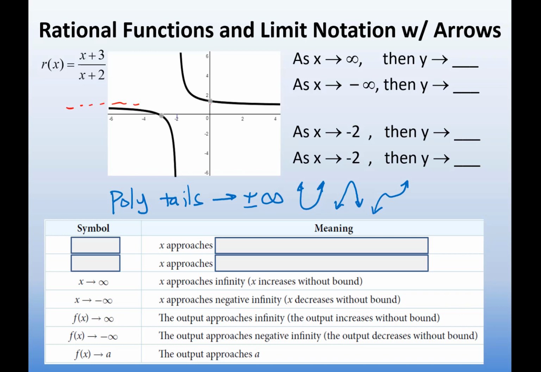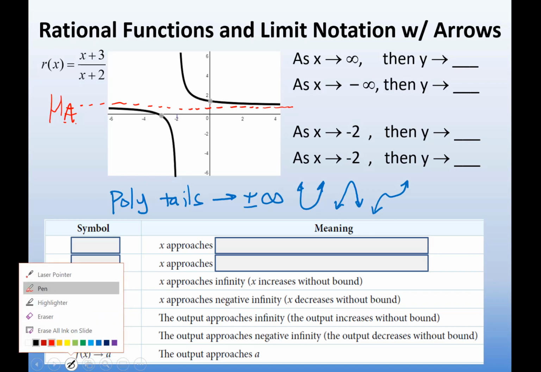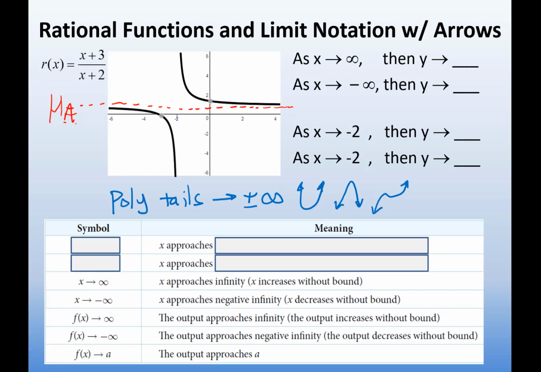And I want to explore this behavior here. We call that a horizontal asymptote. More on that later. But what I want to focus on is this tail. That function, I'm going to change the color for that. The function is going to continue in this pattern forever.